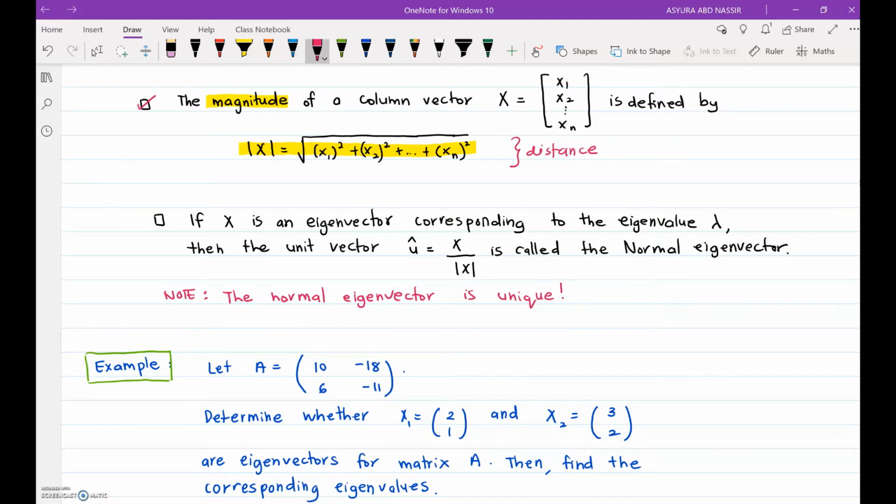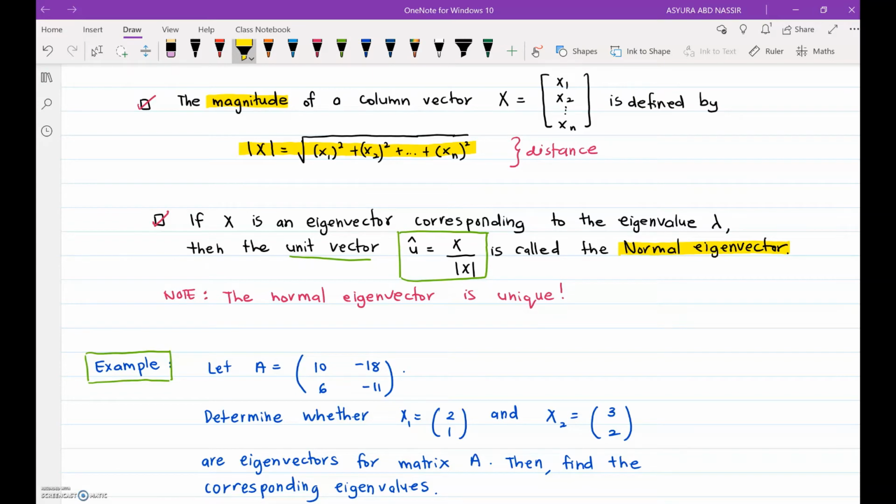Next, if x is an eigenvector corresponding to the eigenvalue lambda, then the unit vector u equals x over magnitude of x. So this is the formula of the unit vector, and it is called the normal eigenvector.